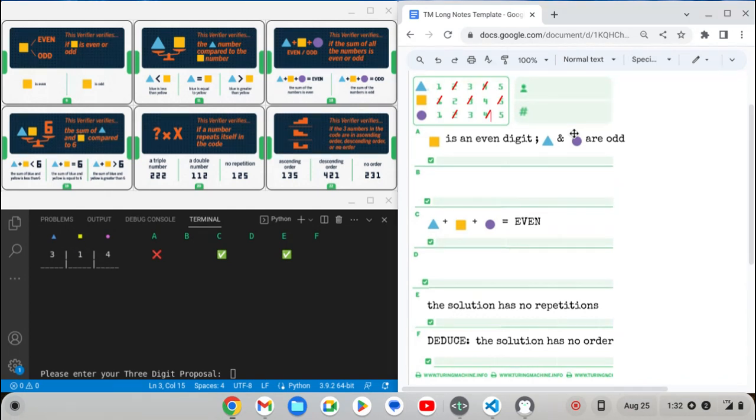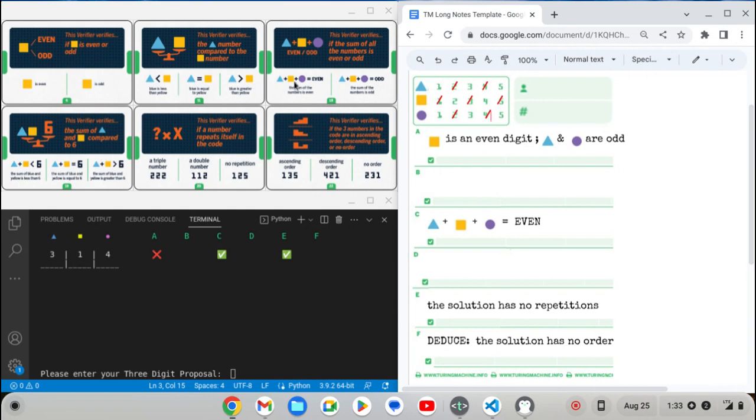And so what can we do? What sort of cases are there to help us figure out what triangle and square might be? And remember that because there are no repetitions, obviously whatever triangle is, circle can't be, as well as we have to adhere to the no order in the code.